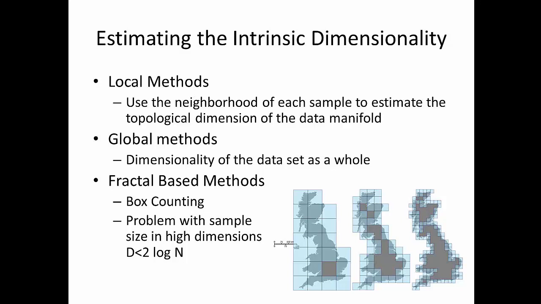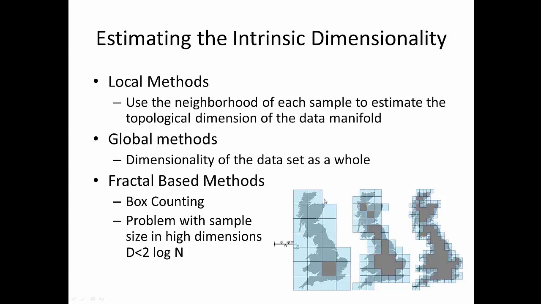Global methods take the data set as a whole. Another broad class is the fractal methods, like box counting. This is the famous example of trying to estimate the dimensionality of the coastline of Great Britain. You cover it with boxes, count how many boxes it takes to cover the coastline as a function of the size of each box, and the scaling gives you the fractal dimension.